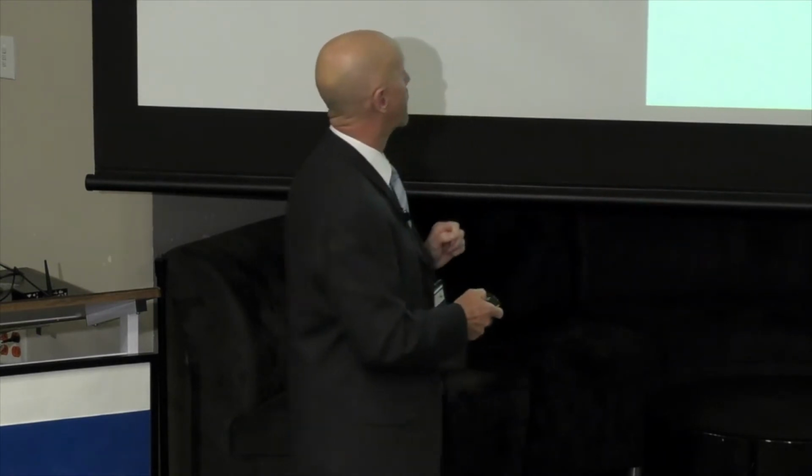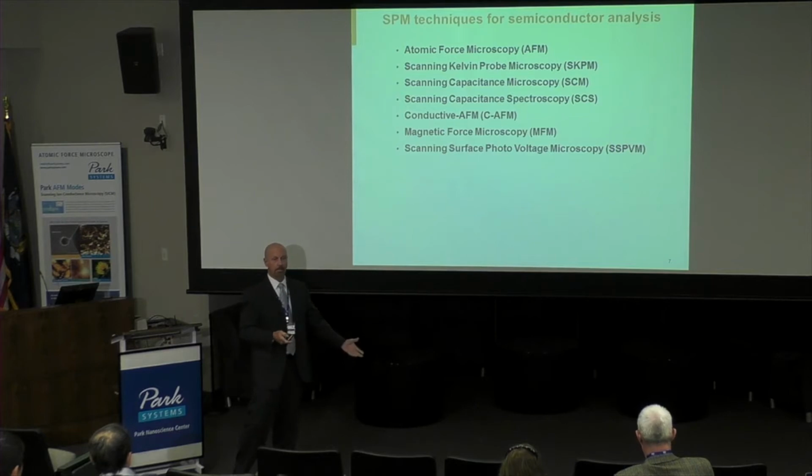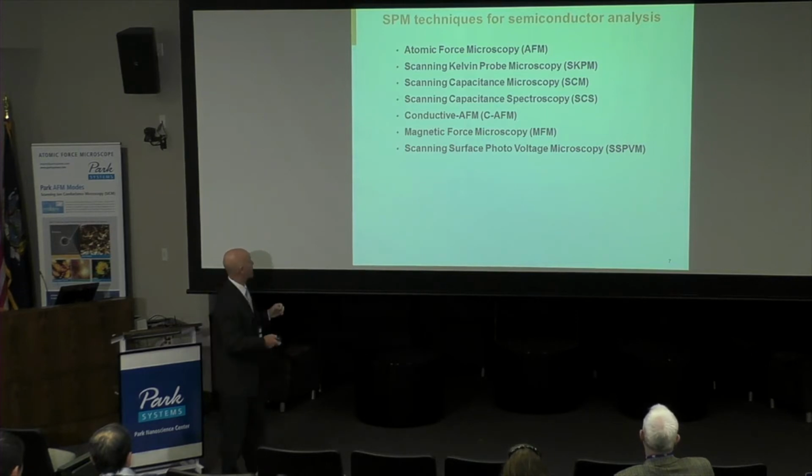So we've used conductive AFM to analyze gate dielectrics, the thin dielectrics, and get a very accurate representation of the overall dielectric integrity. Magnetic force microscopy is for looking at magnetic fields around conductors, looking for anomalies in conductors that you may not be able to see. They may be subsurface. We developed a method for looking for subsurface anomalies in conductors.